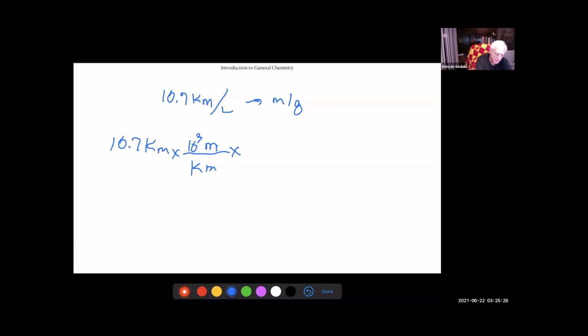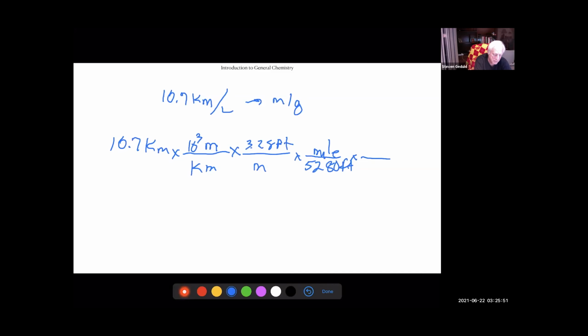I can convert meters to feet. There's 3.28 feet per meter, and there's 5,280 feet in a mile. That gives you miles. So you've got kilometers to meters, meters to feet, feet to miles. That's one way to do it.